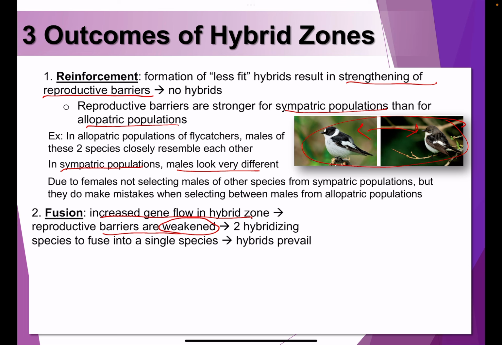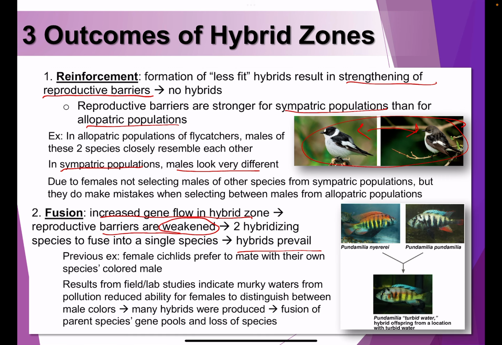The two hybridizing species actually fuse to become a single species, and the hybrids will prevail. A lot of hybrids will form. For example, we talked about female cichlids' preference to mate with their own species color male, where blue back females will tend to mate with blue back males, and orange, red tinged back females will tend to mate with orange tinged back males.